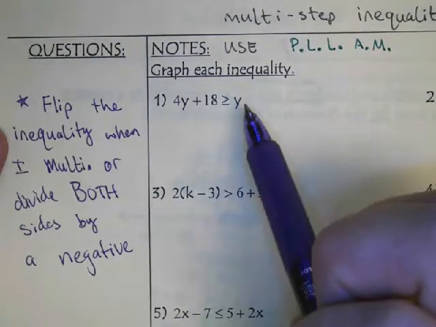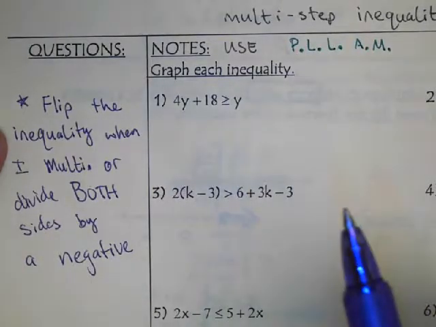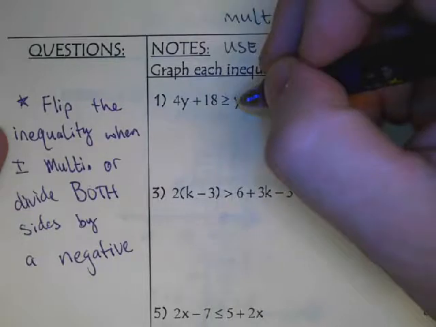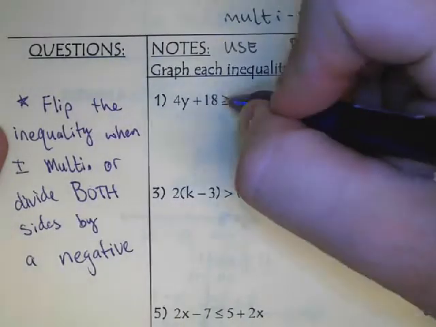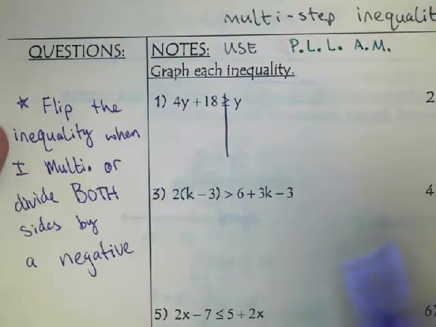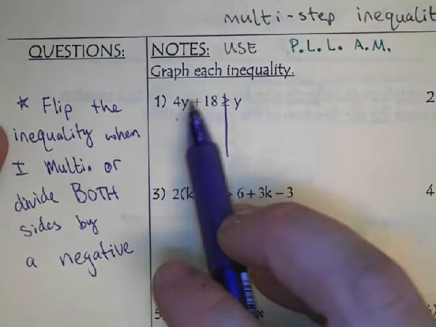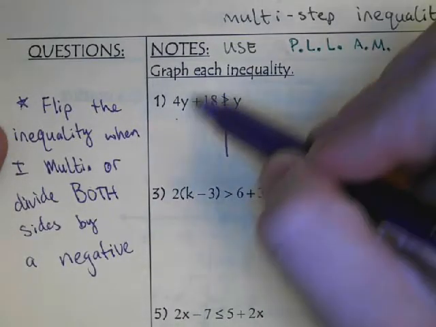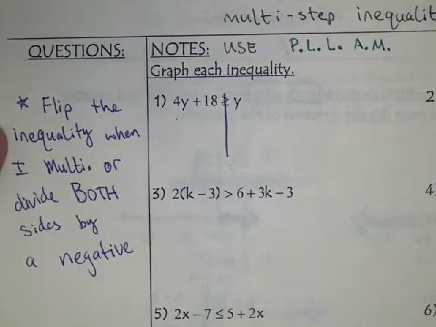So let's go ahead and start manipulating this. There's two ways to do it, but let's do the more efficient route. So what I can do is I'll draw my line. And I'm going to subtract 4y from both sides, because then I'll have all my y's on one side and then my constant on the other.